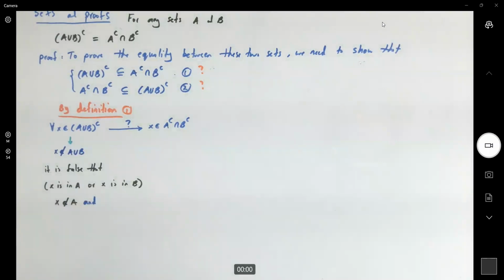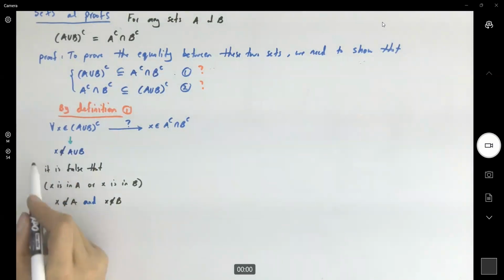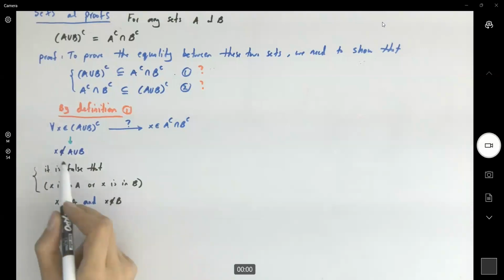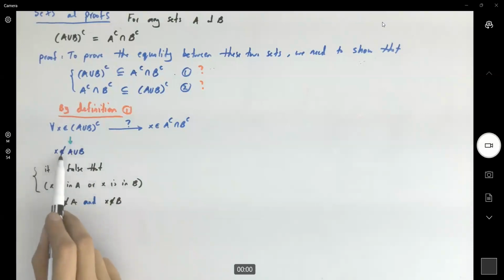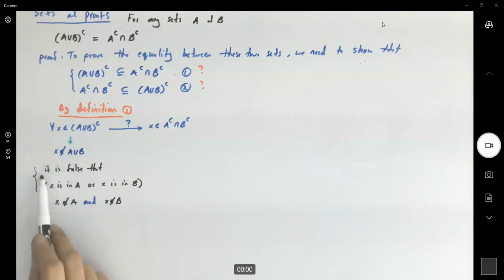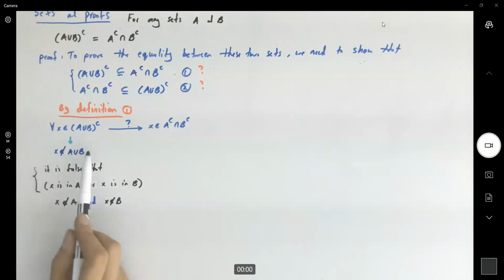And X is not in B. So it is false that X is in A or X is in B. That's the meaning of this little thing that you wrote down here. X doesn't belong to A union B. In logic, converting the set into the definition, it is false that X is in A or X is in B. But this is equivalent to X is not in A, X is not in B. But remember that it's false that.